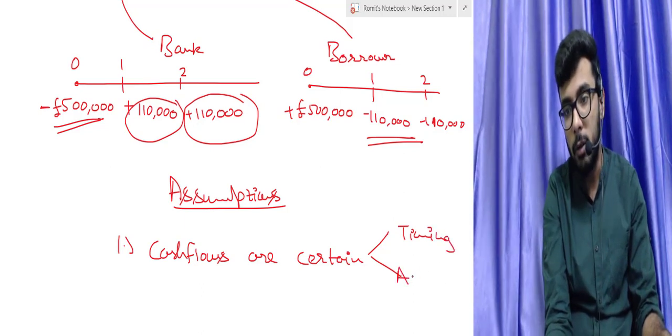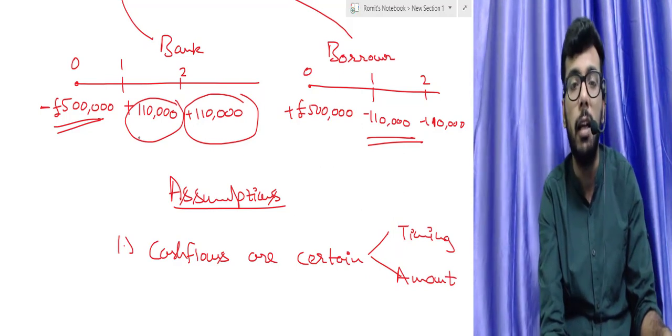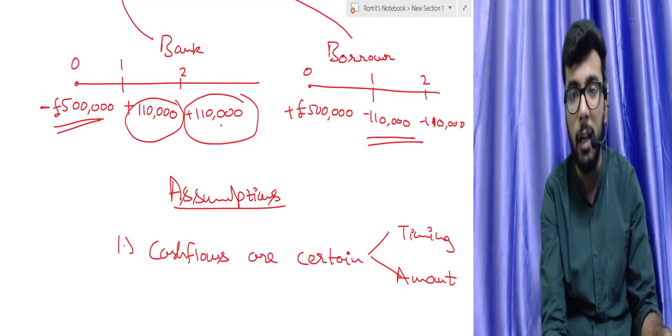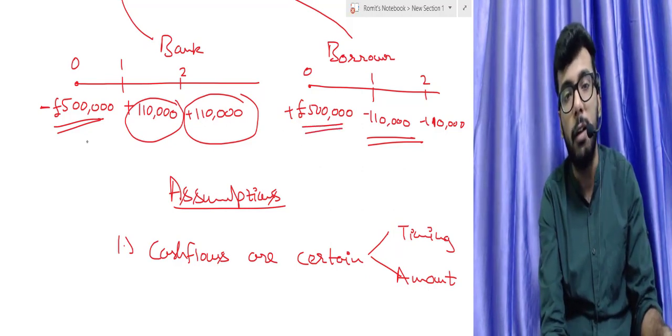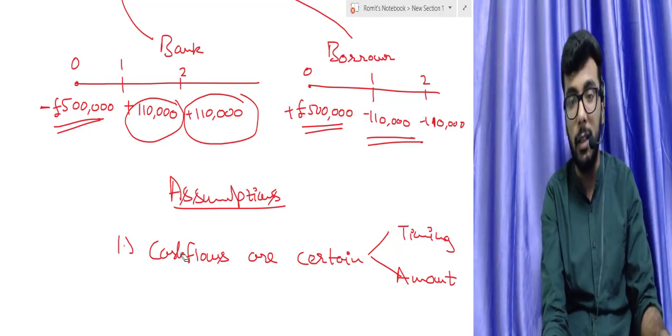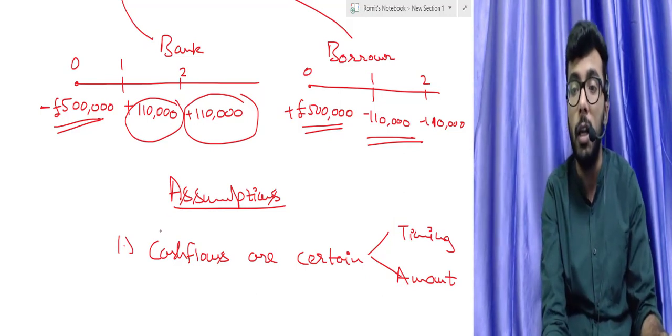So it is definite that 110,000 will be paid every 1 year by the borrower to the bank, and it is certain that this 500,000 was paid by the bank to the borrower at the outset. This is not dependent on the happening or non-happening of a particular event.